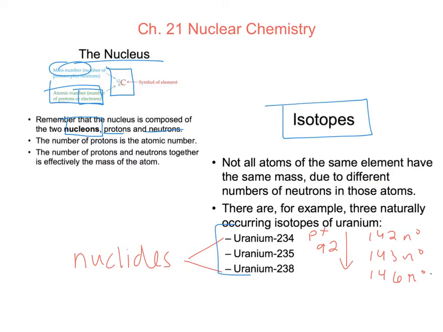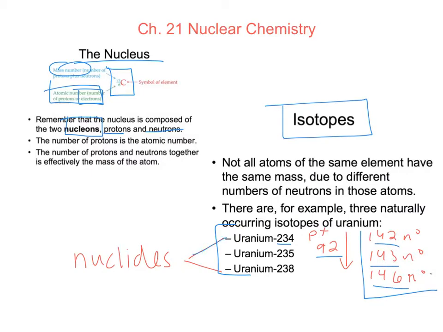Down here we have examples: uranium-234, uranium-235, and uranium-238. This 234, 235, 238 represent the mass number of the atom. They all have the same number of protons because they're all uranium. However, the number of neutrons differ, as we can see. Uranium-234 has 142, and so forth.